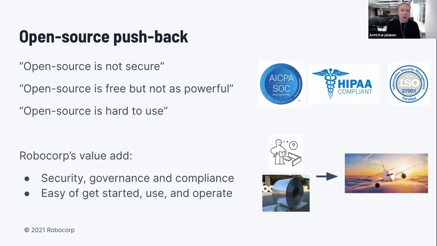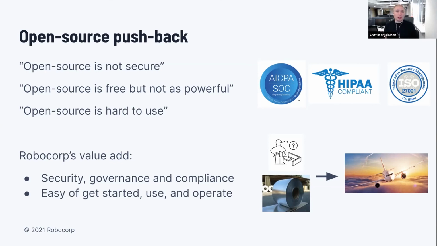First of all, none of our competitors are built without open source. That's a fact. But security, we as a startup company obviously can address that with certifications like SOC 2 and HIPAA and ISO. And the hard to use argument is valid oftentimes when you talk about open source projects.